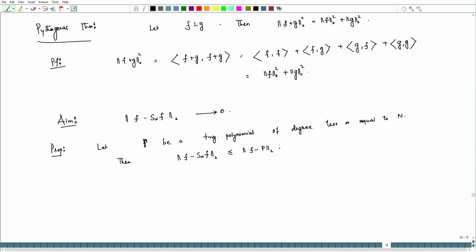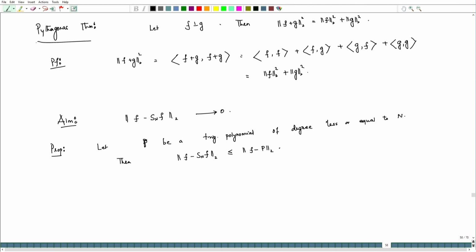In other words, what this says is that S_n f is the trigonometric polynomial of degree n which is closest to f, geometrically. So now we will prove this.